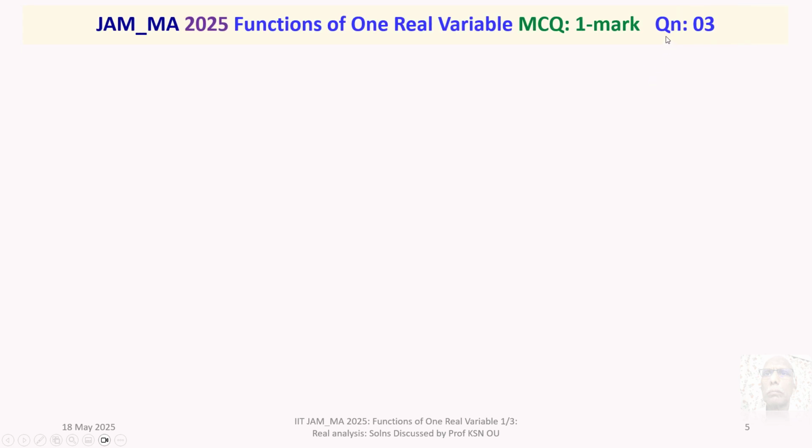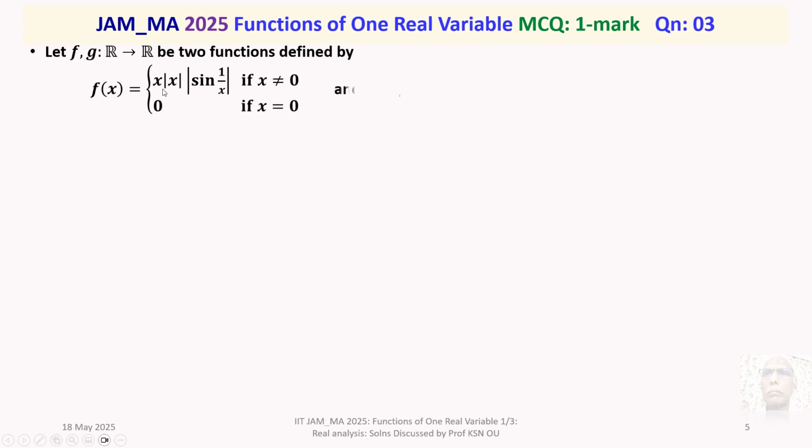This is question number 3 for 1 mark, which is a multiple choice question. The given question is: let f and g be 2 functions from R to itself defined by f of x is equal to x times mod x multiplied by mod of sine 1 by x if x not equal to 0, and f of x is equal to 0 otherwise, and g of x is equal to x square sine 1 by x plus x times cos 1 by x if x not equal to 0 and is equal to 0 otherwise.